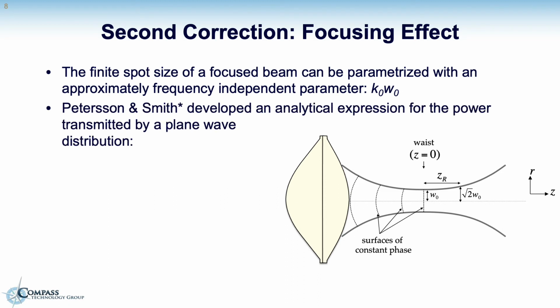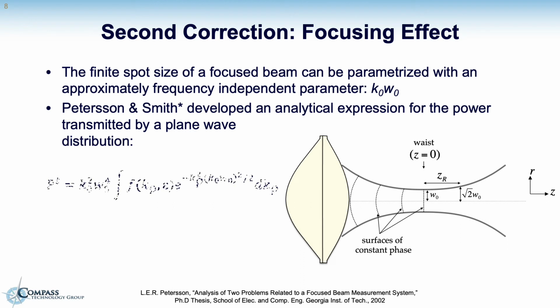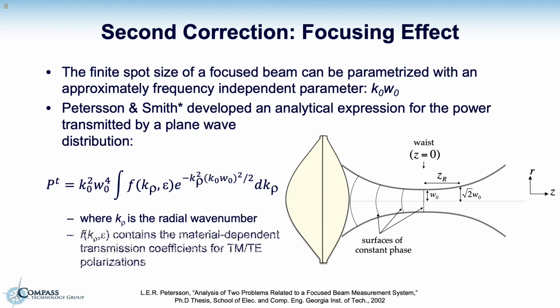This is actually based on work that Ricard Peterson did as a grad student back at Georgia Tech some years ago, where he derived an expression based on a plane wave expansion of the power transmission through a sample illuminated by a focused beam. And so you can go look up his thesis, and he and Glenn Smith published a number of papers on this effect.